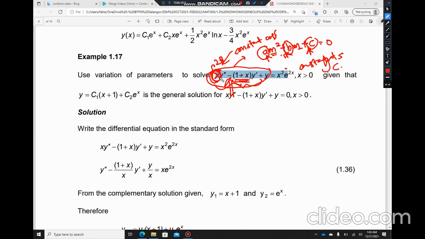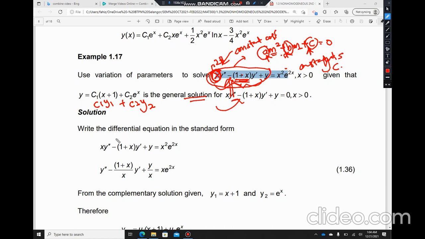Okay, in case soalan ni dia bagi dalam bentuk variable, so how we solve? Okay, so yang ni dia dah bagi dah, given that y equals c1(x plus 1) plus c2 e^x is the general solution. Maksudnya kat sini dia dah bagi dah c1 y1 plus c2 y2 adalah general solution untuk differential equation ni.